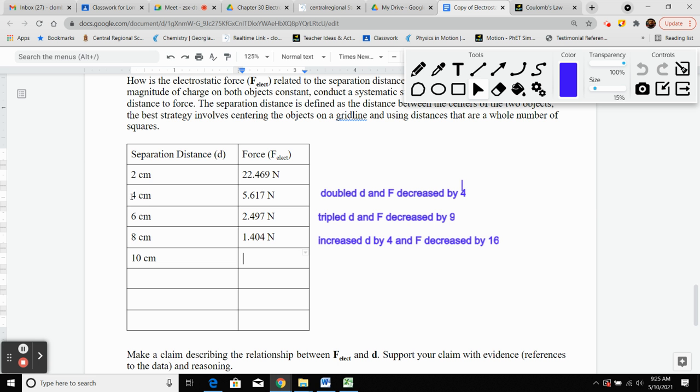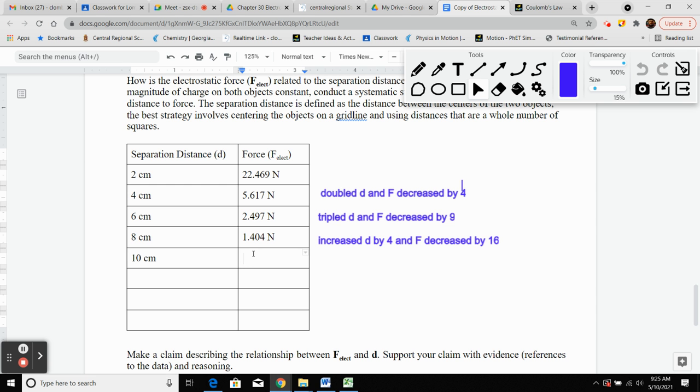When we doubled our original value, this decreased by a factor of 4. It decreased by the square. When we tripled the value from 2 to 6, it decreased by 9 times. When we went to 4 times as much as the original, it decreased by 16. So 5 would be 25? So 5 should mean it should decrease by 25.